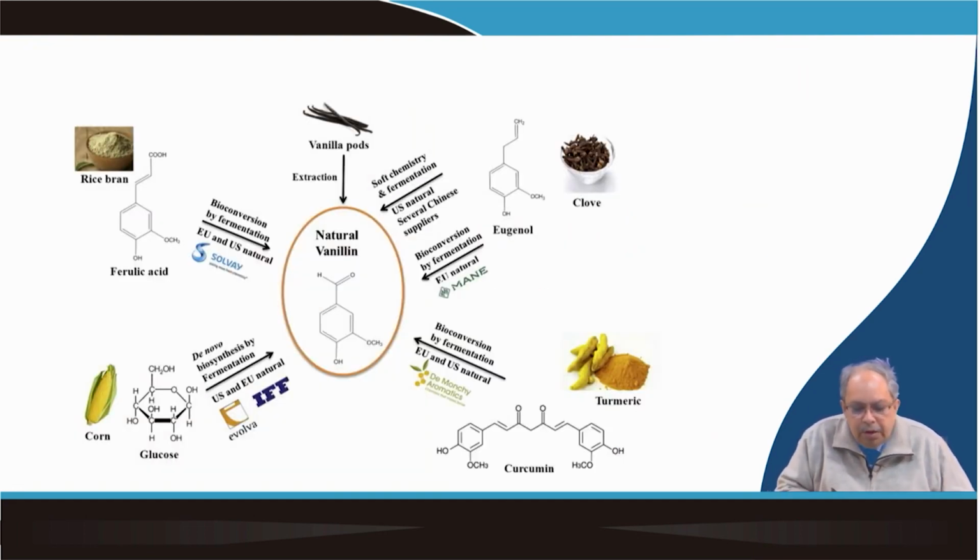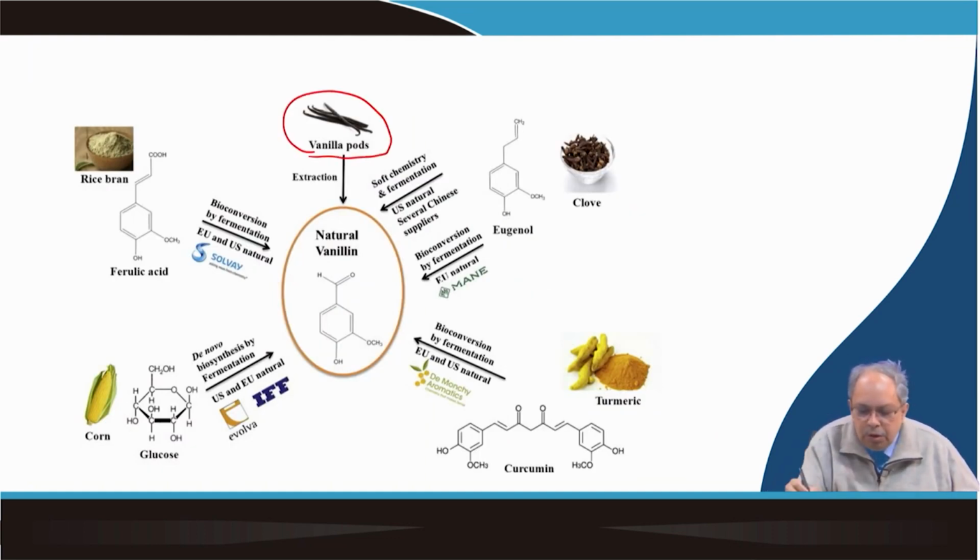Now, natural vanillin is usually obtained from the vanilla pods. Vanilla is basically an orchid. I will talk about it in the next slide. From extraction natural vanillin can be obtained, or even from corn glucose through fermentation for the production of vanillin. Another one is ferulic acid, which is abundantly available in the cell wall material and also in bran.